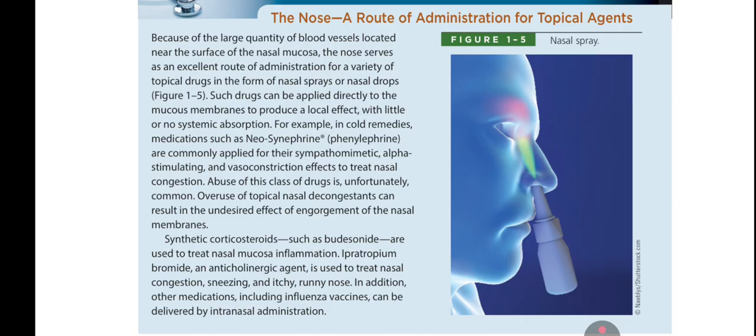Okay, so in other words, the nose is a great route for giving medications, such as when you have problems with congestion, and the effects are fast, and it is beneficial because it produces little to no systemic absorption.